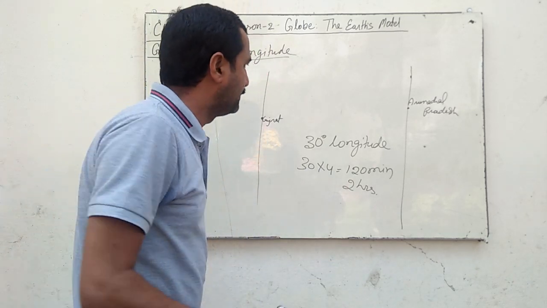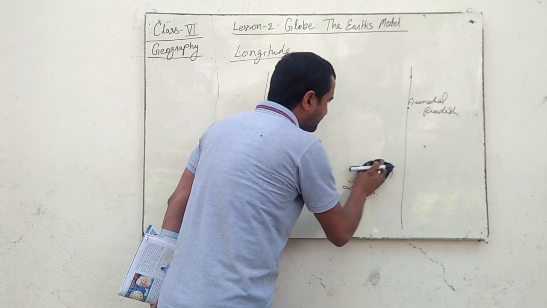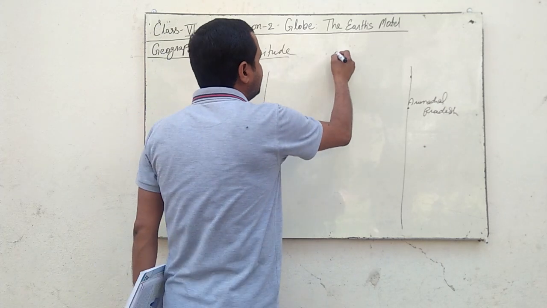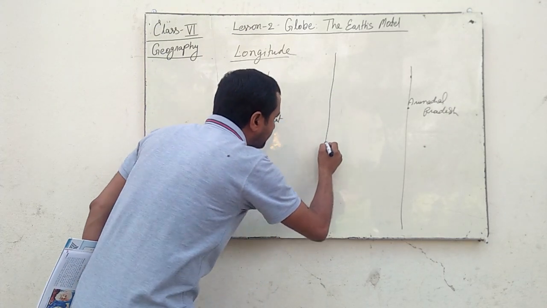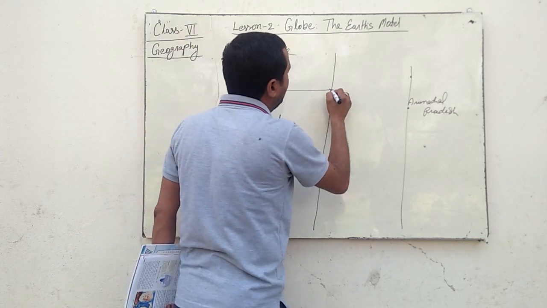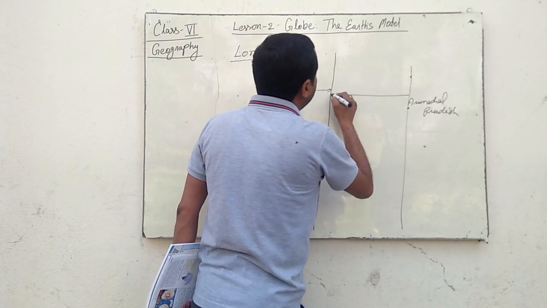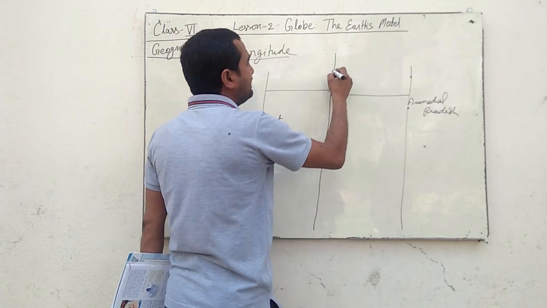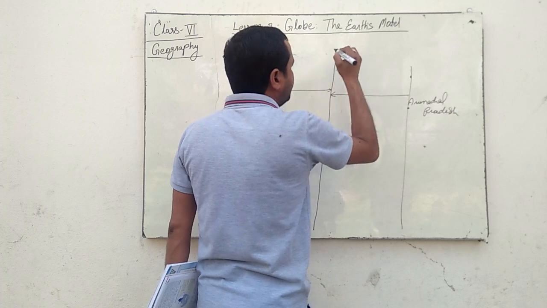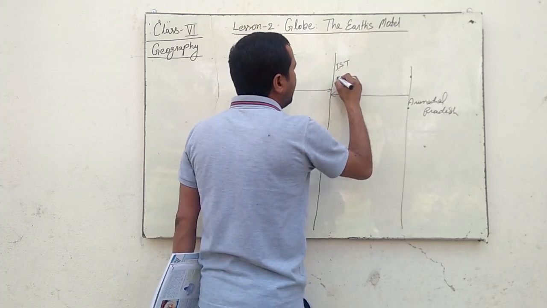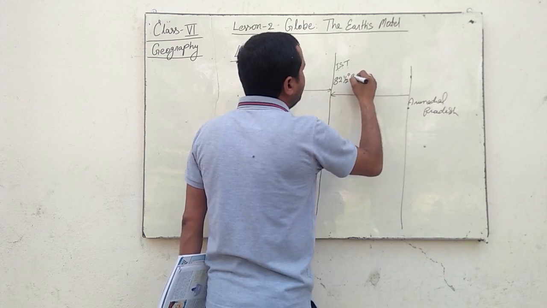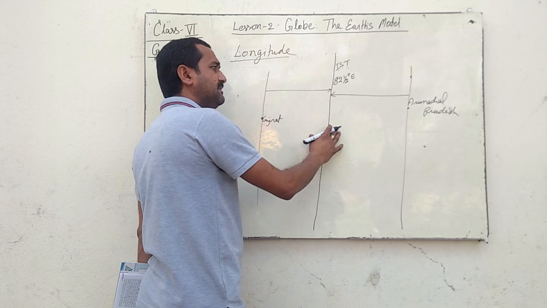So what we do, we pass another imaginary line exactly midway in between these two lines. And this is called IST, Indian Standard Time. It is noted as 82.5 degree east. It passes through Mirzapur.